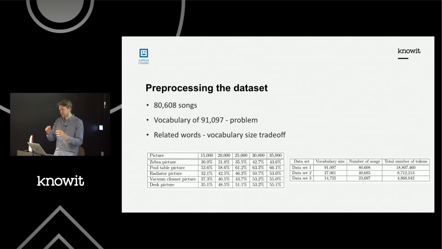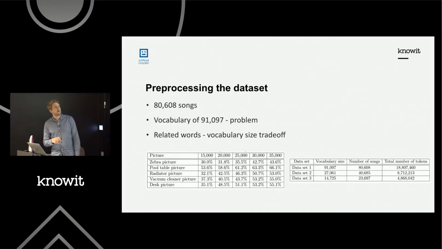So what I did was, in this figure, I took 5 pictures, and I saw with this size of vocabulary, it's going to cover this percentage of songs. So I took a zebra picture, I found the related words, say 100 related words or something, and then in a vocabulary of 15,000 of the most frequent words in the data set, it was able to cover 30%.